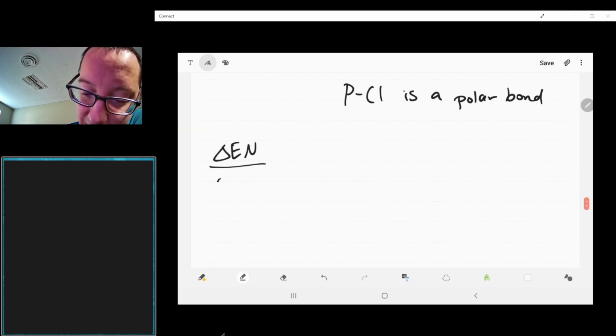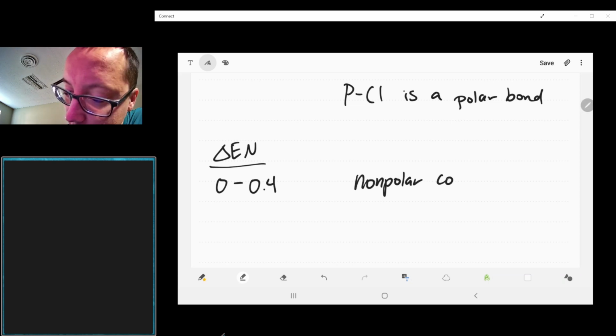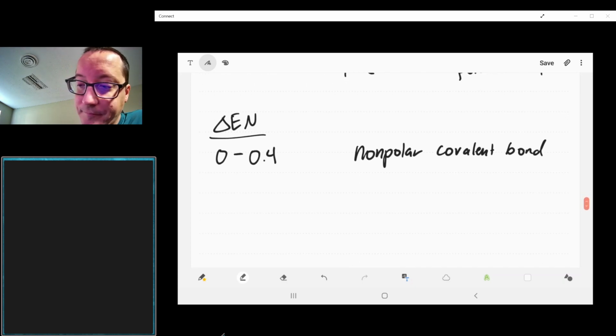So if your electronegativity difference is between 0 to 0.4, if you just subtract their electronegativities, we're going to call this a nonpolar covalent bond. This is a rough idea of where we're going to draw that line between something being polar and not. So we're going to include 0.4 here.